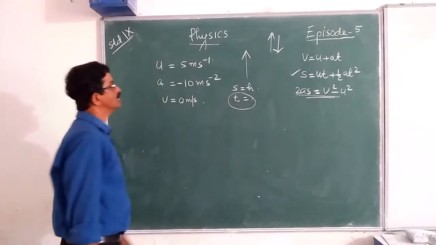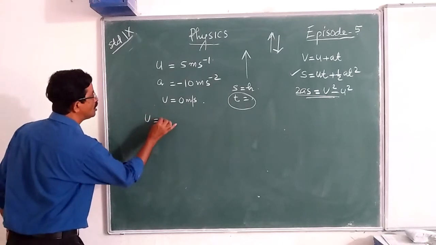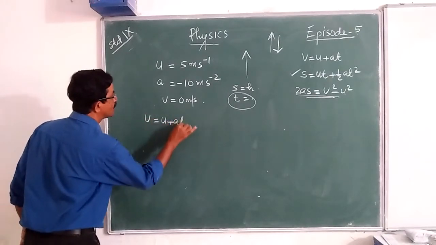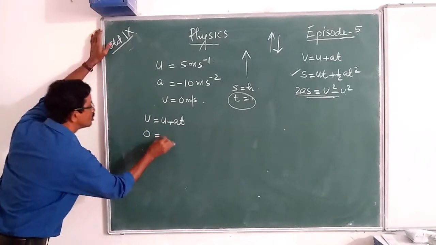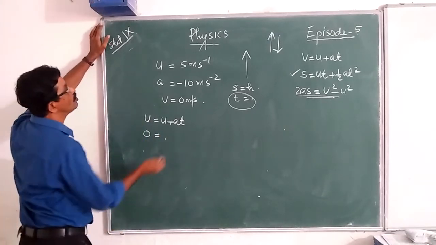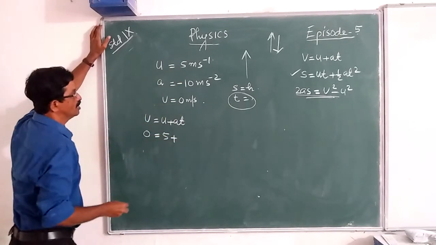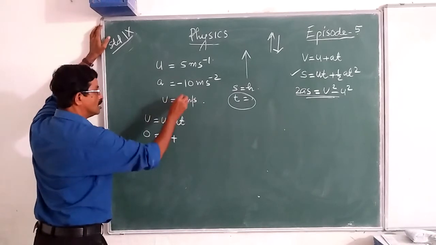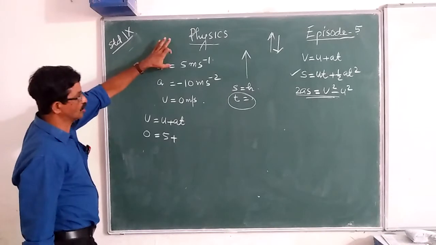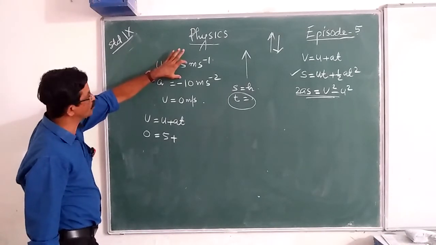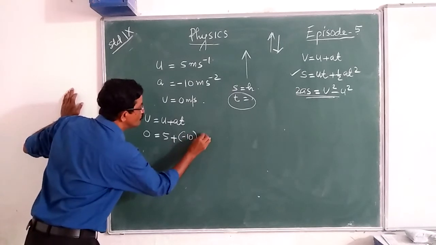Let us find the time taken first. We know the first equation, v is equal to u plus a t. Its final velocity is 0. So 0 is equal to u, it is thrown at 5 meters per second, plus a. Velocity is in the upward direction and acceleration in the downward, so it is minus 10 into t.